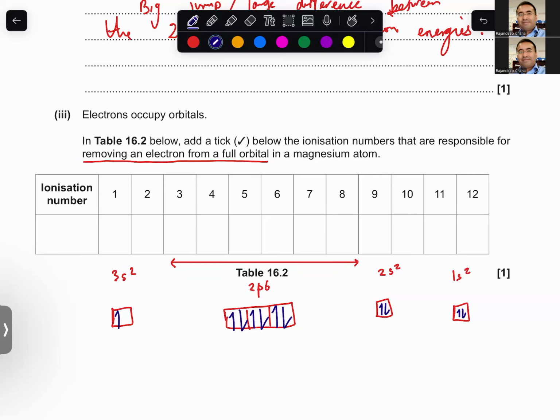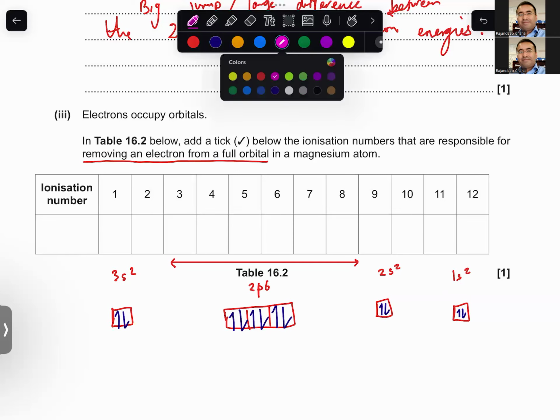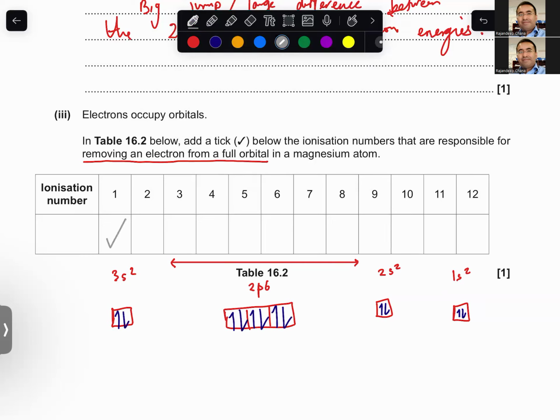And then you've got your last 2, 1, 2. I will use a grey pen to dull it out. So what we've got, what you're doing, you're removing the first ionization energy. You are removing an electron from a filled orbital.